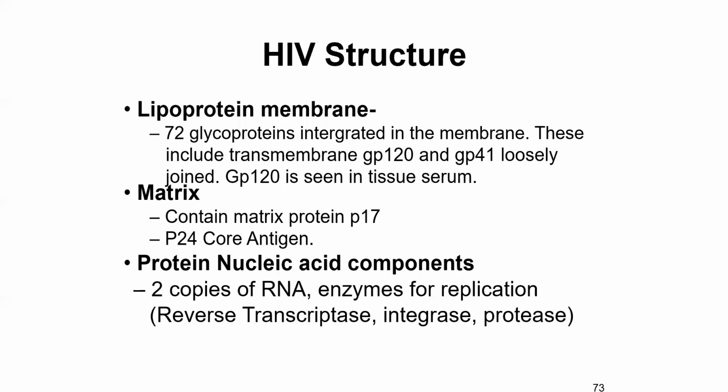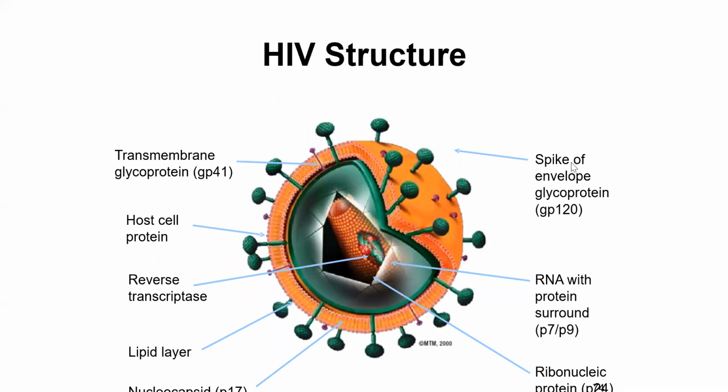In terms of classification, we have RNA viruses and DNA viruses. HIV is an RNA virus, and in its nuclear component we have 2 copies of RNA. Then we have 3 enzymes which are part of its replication: the reverse transcriptase enzyme, the integrase enzyme, and the protease enzyme. So this is the structure of the virus.